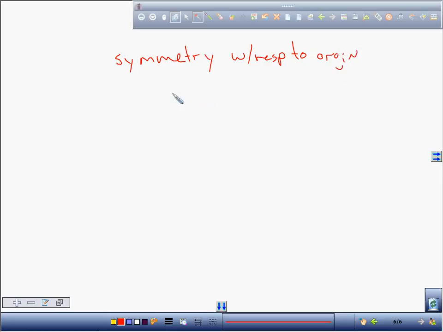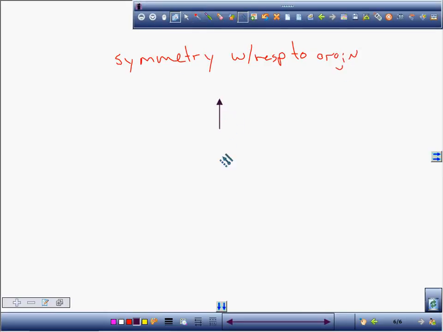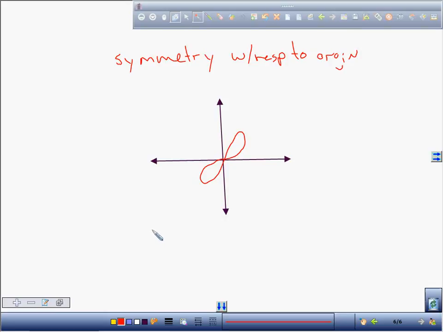That's kind of like if you have little loops like that, the one on the back of the sheet there, something that looks like a petal design. That has symmetry with respect to the origin, because if I flip this 180 degrees, it would basically look the same.